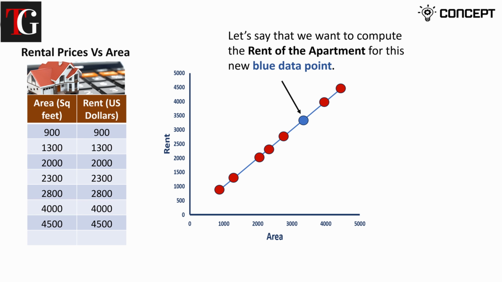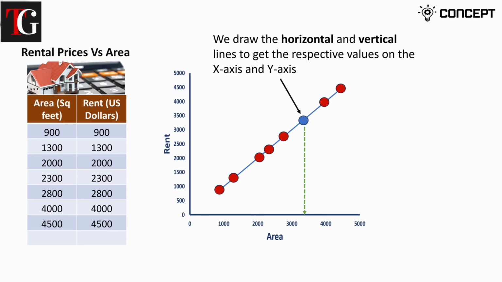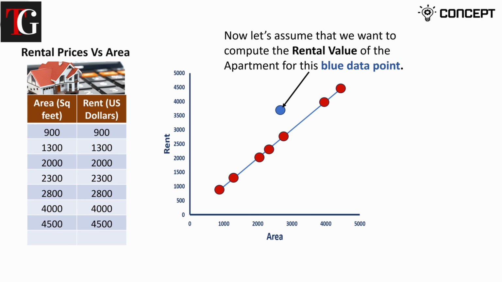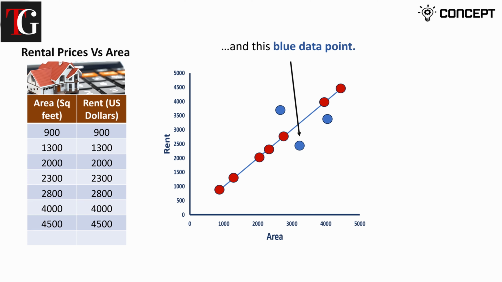Let's say that we want to compute the rent of an apartment for this new blue data point. We draw the horizontal and vertical lines to get the respective values of x-axis and y-axis. This represents the rental value for this apartment. Now let's assume we want to compute the rental values of the apartment for this blue data point, and this blue data point, and this one.